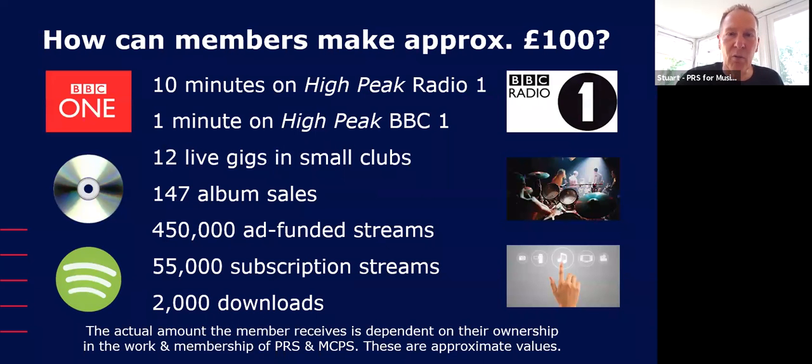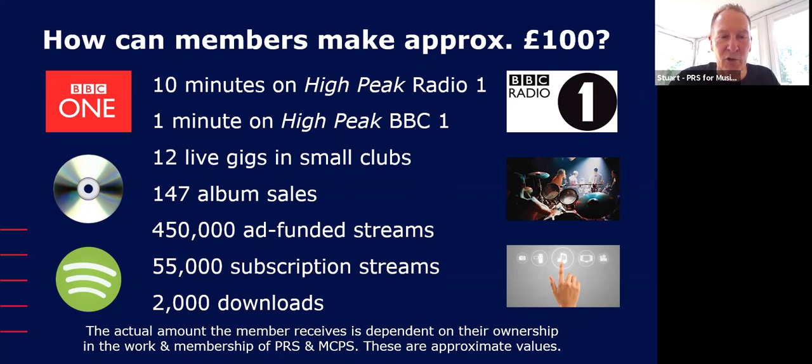Okay, so I mentioned that it costs £100, so I thought I'd roll up a few examples. I mentioned making sure that you join at the right time. So this slide gives you an indicator as to when is the right time. If you look at the streaming, you'll see that you need to have had thousands of streams in order to see a return on your admission fee.